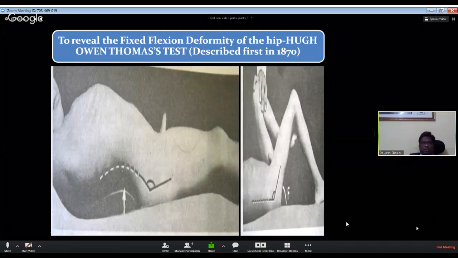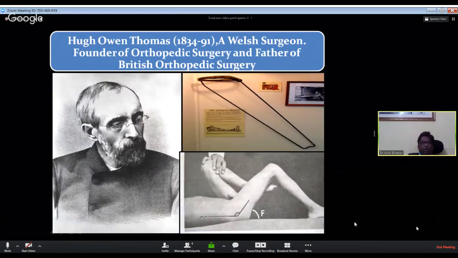Well, Sir Hugh Owen Thomas described the Thomas test at a time when there was no X-ray, no MRI, no CT scan, and this was how hip pathology was detected. You have to doff your hat to these masters who were very accurate in diagnosis by careful examination of the hip joint.